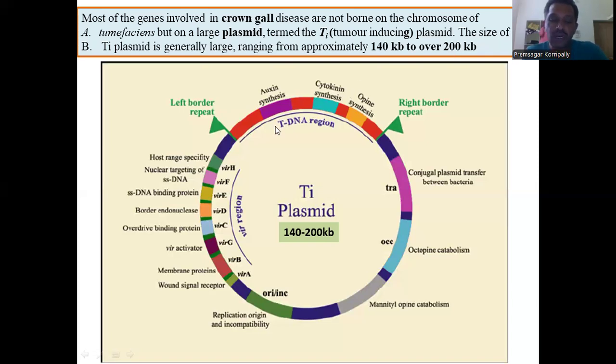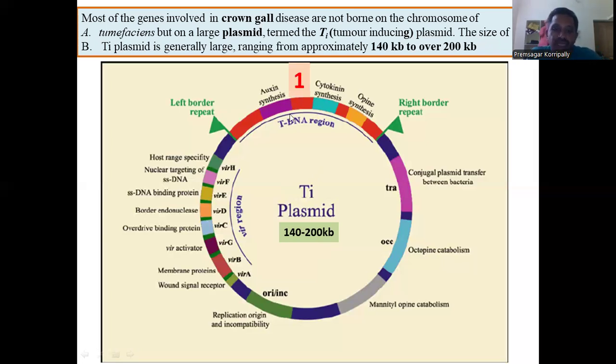So crown gall disease is completely attributed to the TI plasmid of Agrobacterium tumefaciens. We will see the important features of the TI plasmid and their functions in the development of crown gall disease.